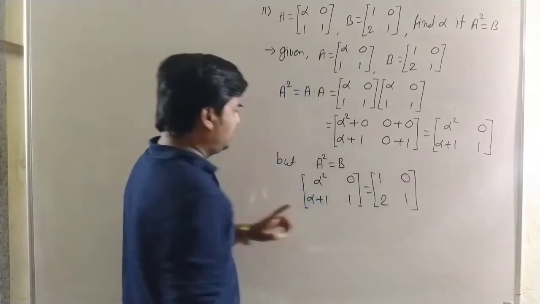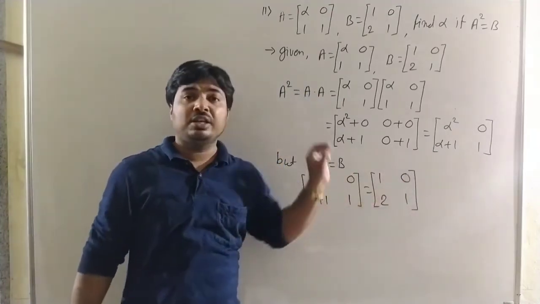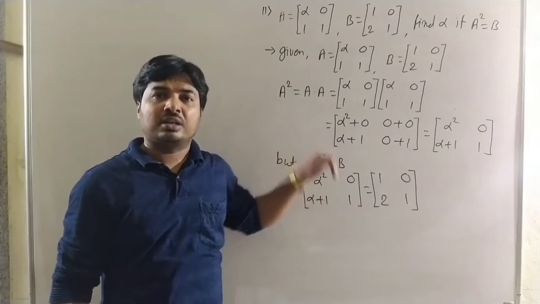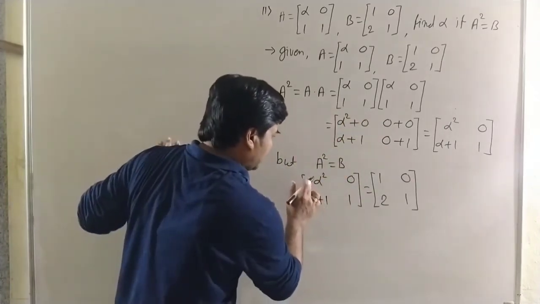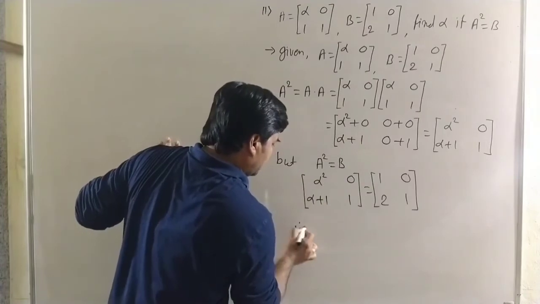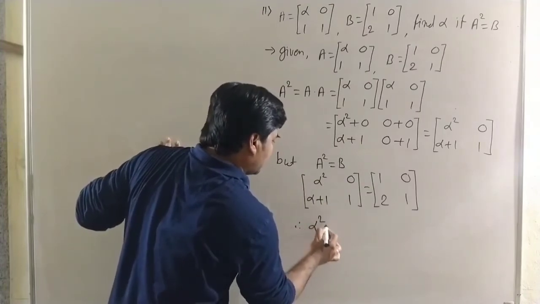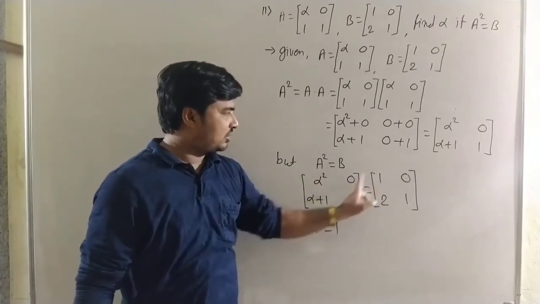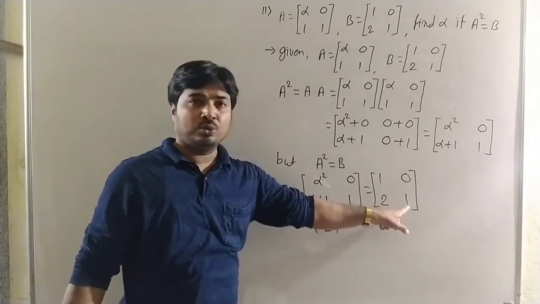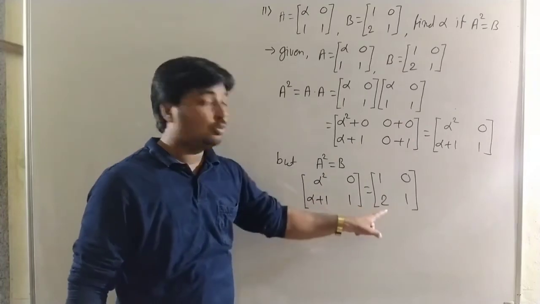Okay, here these two matrices are equal, that means the corresponding elements are also the same. Therefore, to find the value of alpha, you can write alpha square is equal to 1, 0 is equal to 0 and 1 is equal to 1, and here alpha plus 1 is equal to 2.